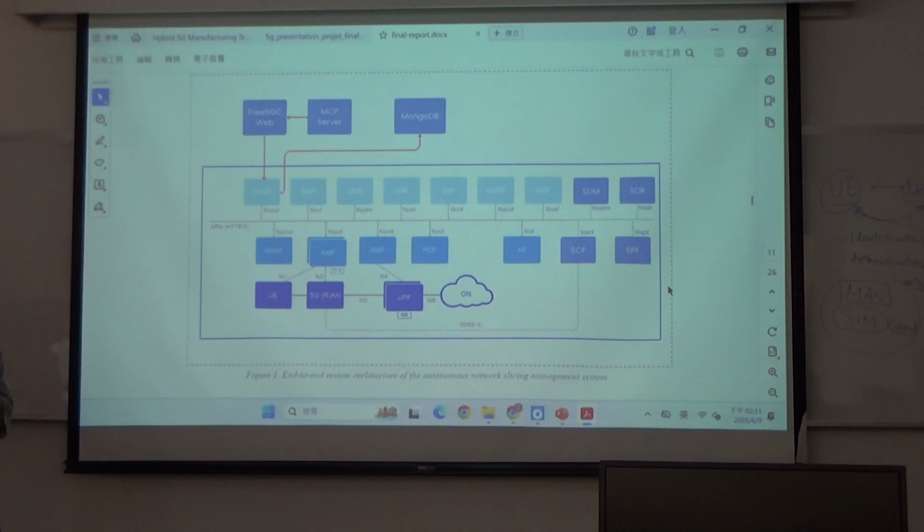But after the gNB receives the slicing information, and the UE also gets the slicing information, when we test using iPerf3 at 1 gigabyte per second, the UE is still able to produce that much bandwidth, and not only 50 megabytes per second.